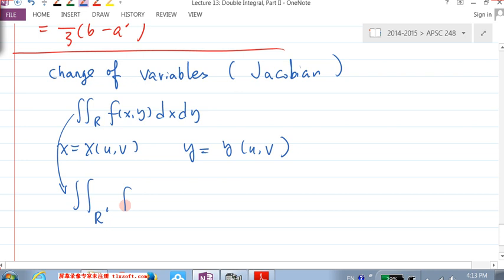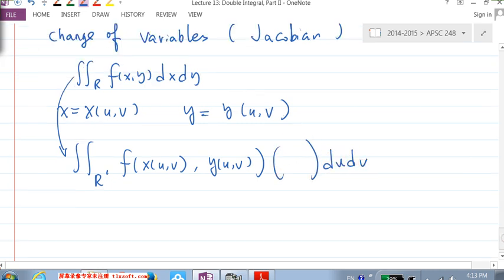At the same time, x will be replaced with this function of u and v, and y will be replaced with this function of u and v, and dx dy will be replaced with du dv. But there should be a scaling factor here to match this transformation. So the whole point is, what is this question mark here?